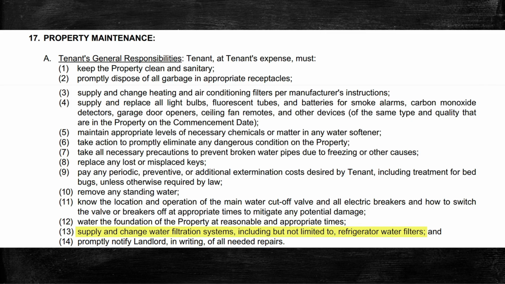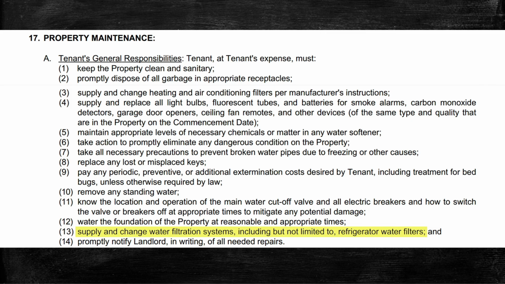The tenant is required to supply and change water filtration systems, including but not limited to refrigerator water filters. So if there are water filters associated with the property, let's say an under the kitchen sink kind of filtration system. Sometimes properties have filtering systems that are located in the garage.